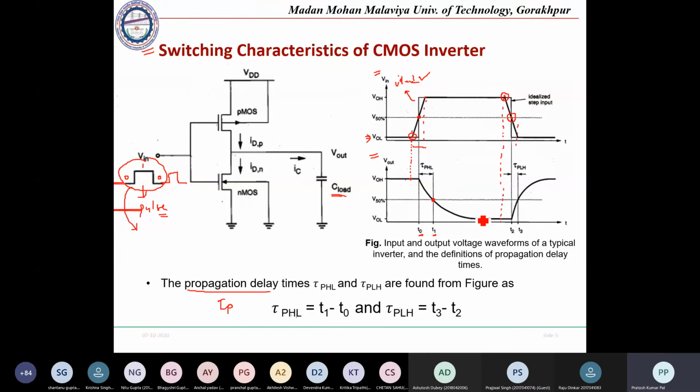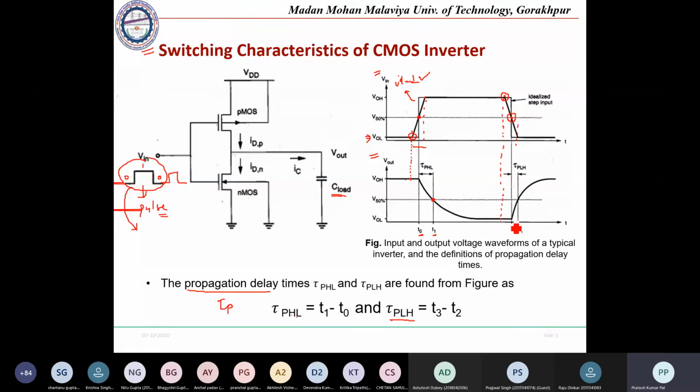Similarly, there is another term called tau PLH. This tau P represents the propagation delay for the output voltage going from low to high. So there will be a transition from low to high. This is a low output and it is going to be high.